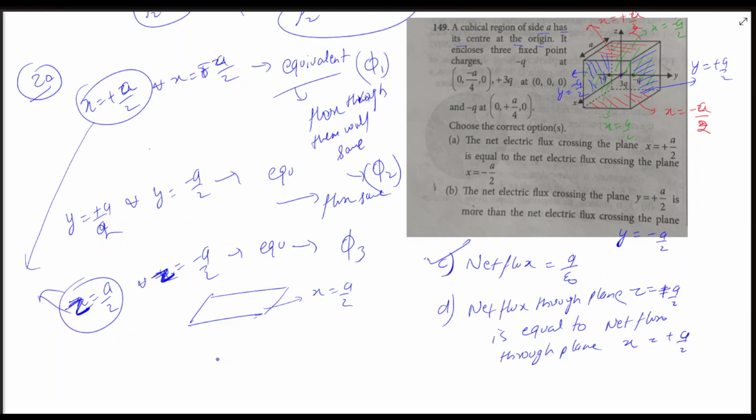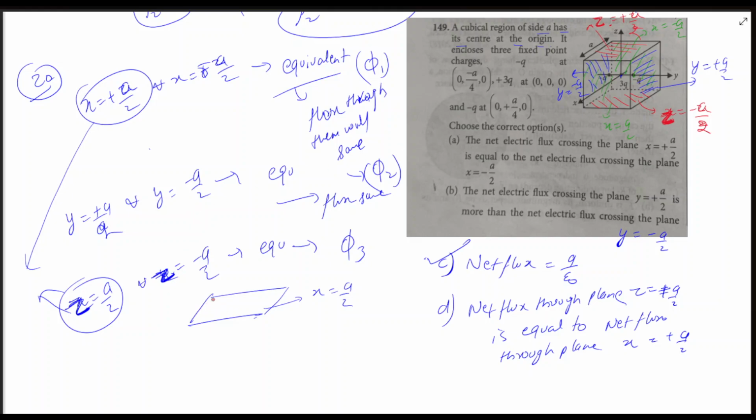I had written z by 2 and x equals z by 2, which was completely nonsense. So these are the z planes, above and below, these are the x planes, and these are the y planes on the y axis.